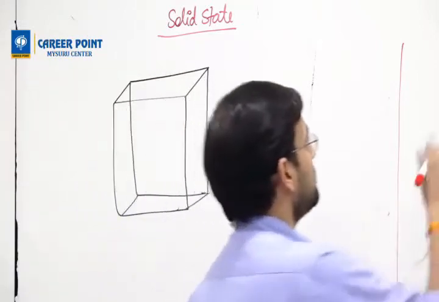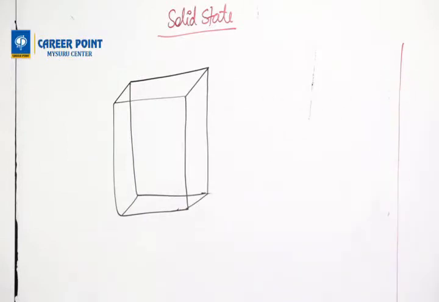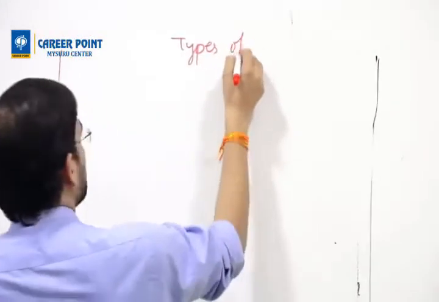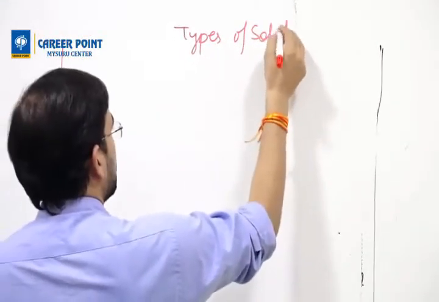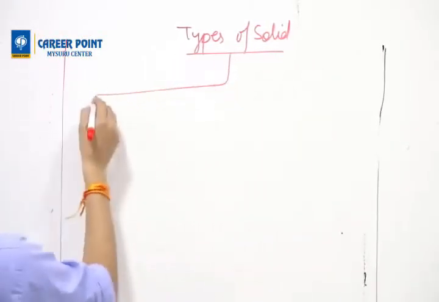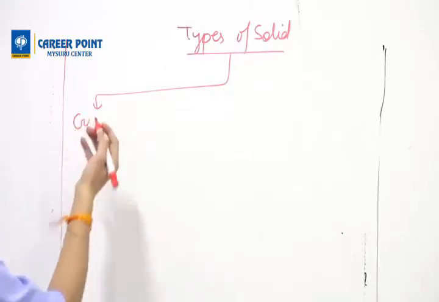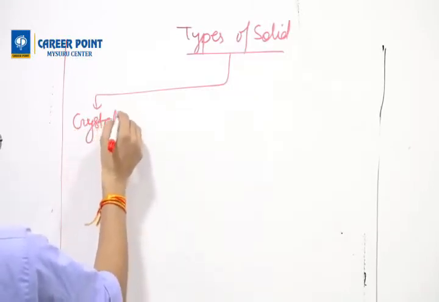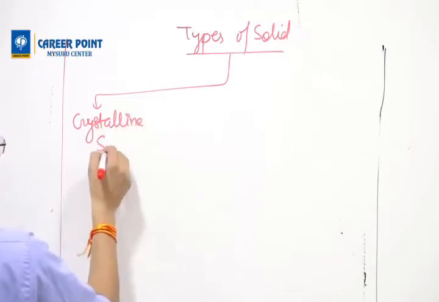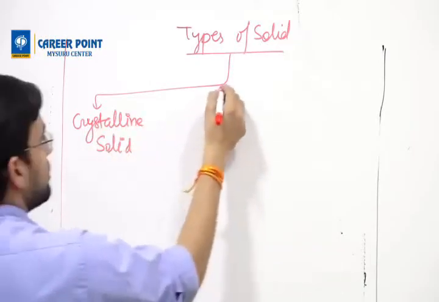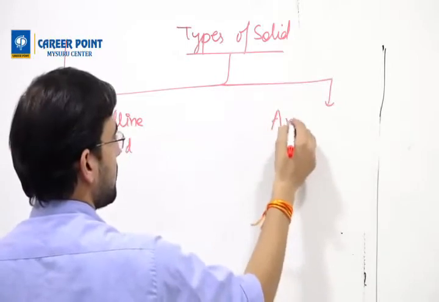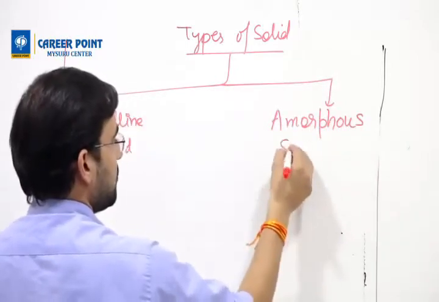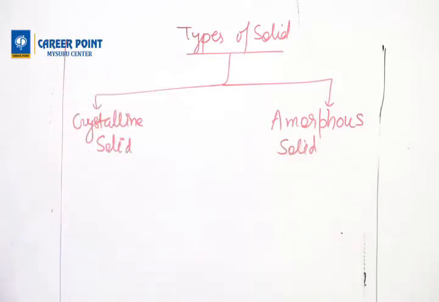you should understand the types of solids. So basically there are two types. This is a very basic thing I'm teaching; you must have studied this. Crystalline solid and amorphous solid.